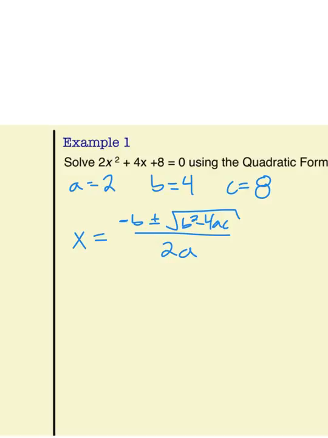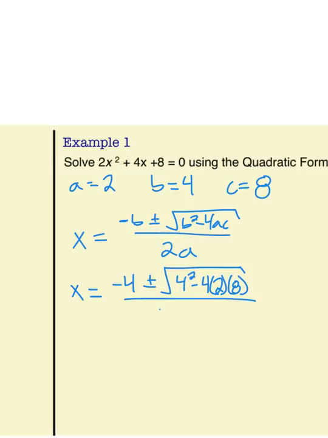So we're going to plug in our numbers. X equals negative 4 plus or minus the square root of 4 squared minus 4 times 2 times 8 all over 2 times 2.